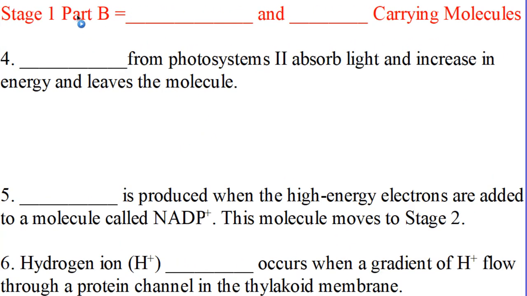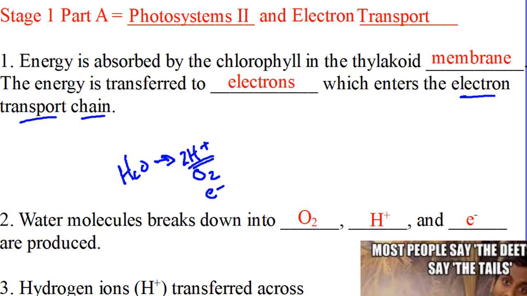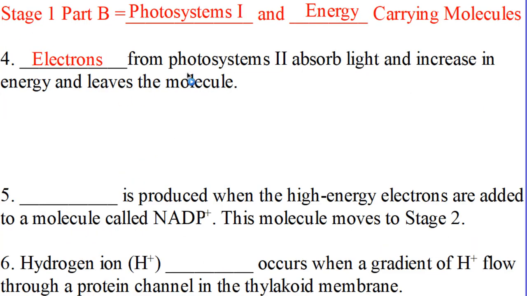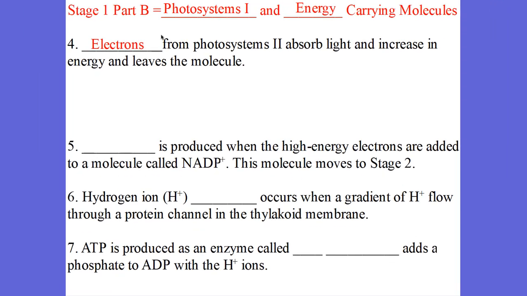In stage 1, part B, we call that photosystems 1 and energy carrying molecules. Now what do we have coming from photosystems 2? If you remember, right at the end of photosystems 2, we had electrons that are moving. They're absorbing more light, which means they're increasing in energy, and they're leaving the molecule. And what do we make? We make NADPH. NADPH is produced when the high energy electrons are added to the NADP+.